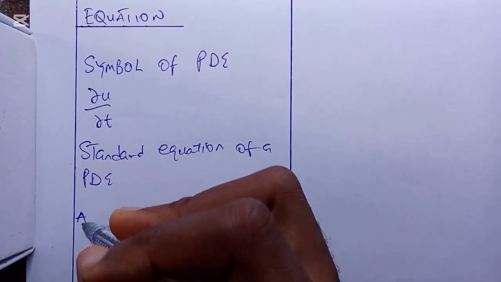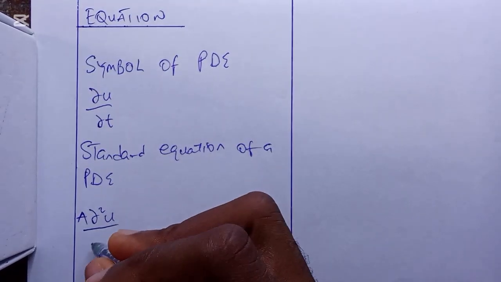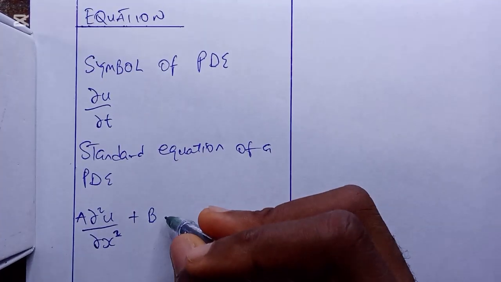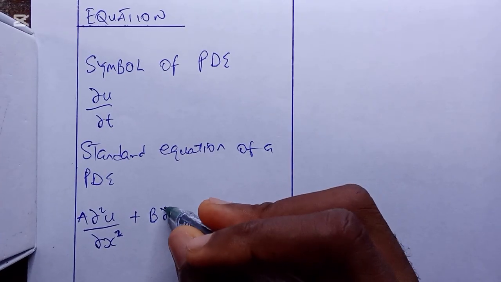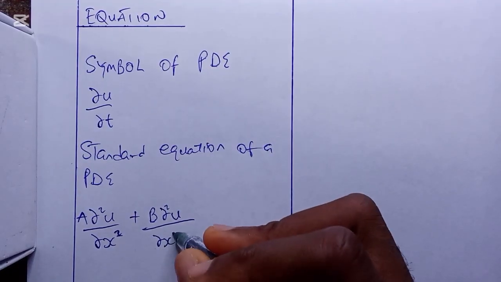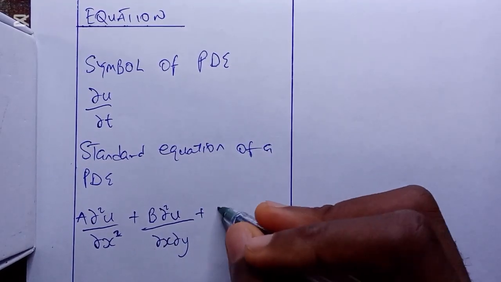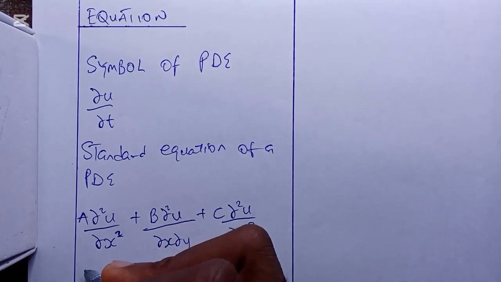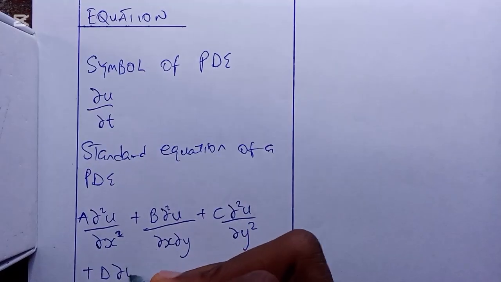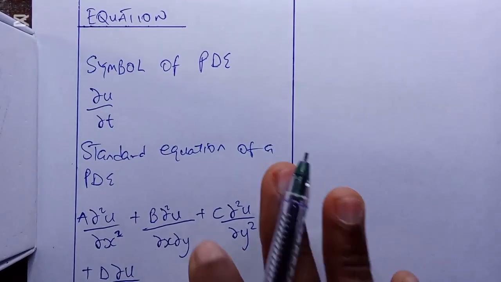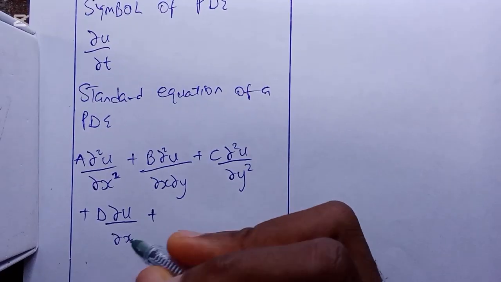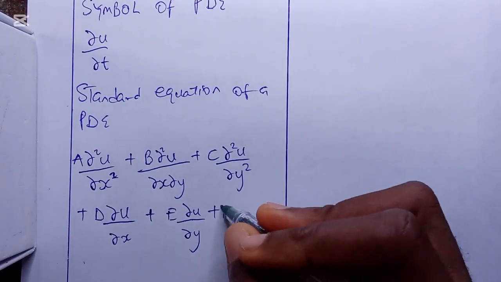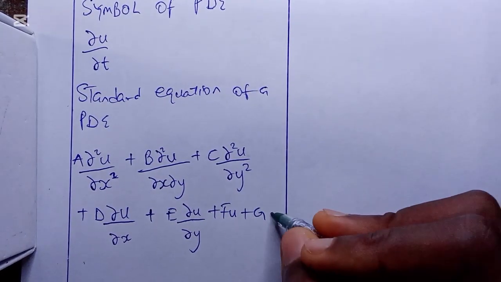We have a partial square u with respect to x square, plus b partial square u with respect to partial x partial y, plus c partial square u with respect to partial y square, plus d partial u with respect to x, plus e partial u with respect to y, plus fu, plus g equals 0.